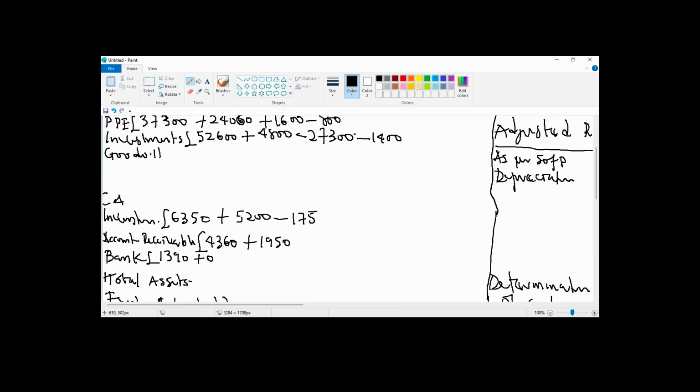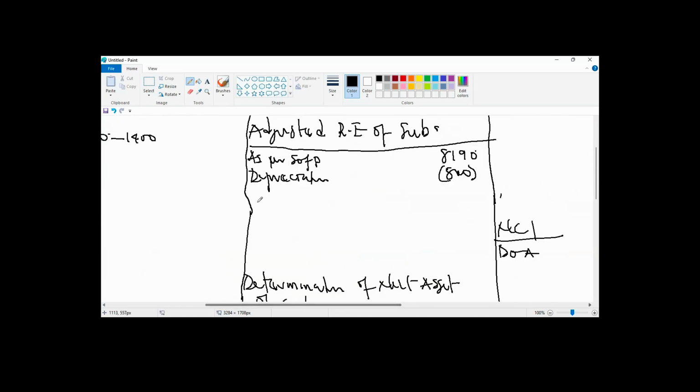Then unrealized profit on inventory. How do you sell and make profits? That is it.